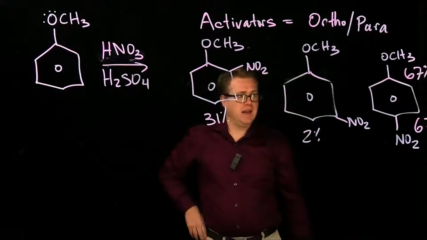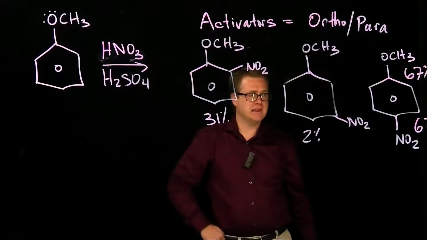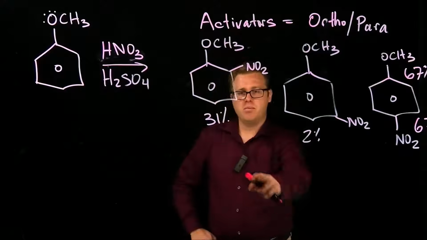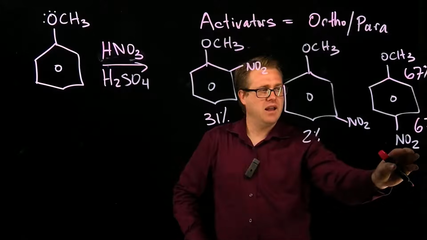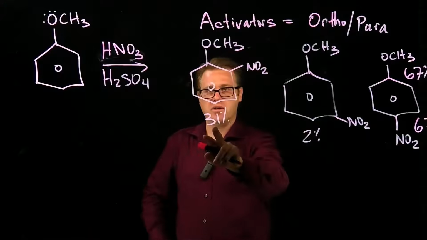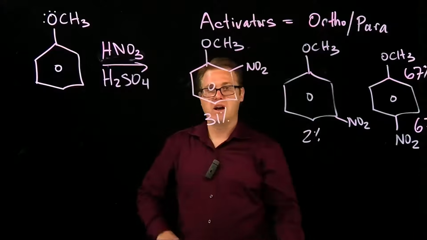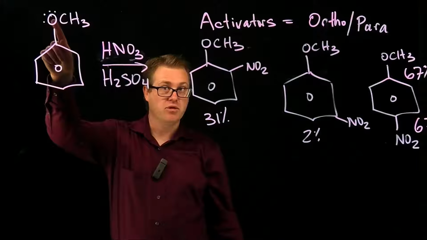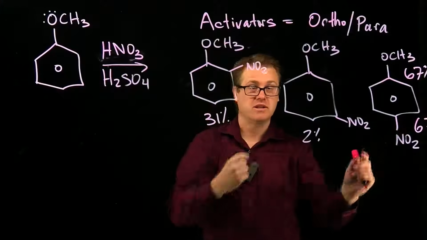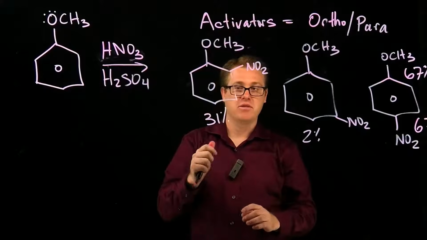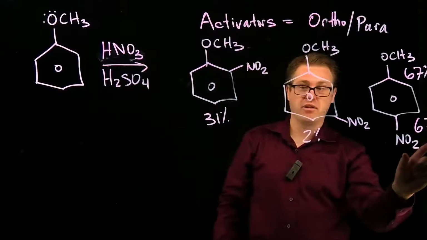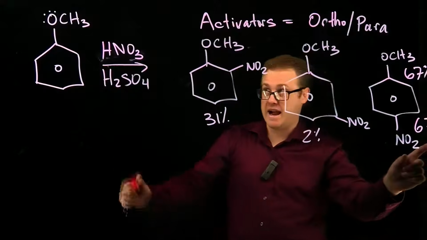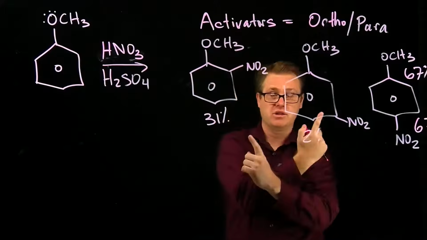Now we can see here, in this case, that the para has a higher yield than the ortho. Recall from the other video when we just had a methyl group, these were swapped. The methyl group, we had 60+% in the ortho and then 30-something% in the para, but now it's switched.